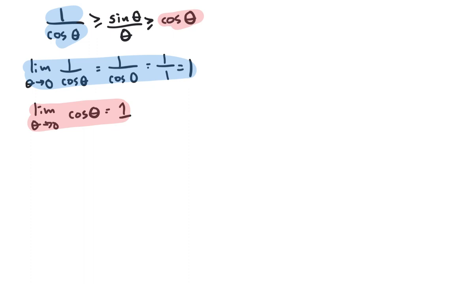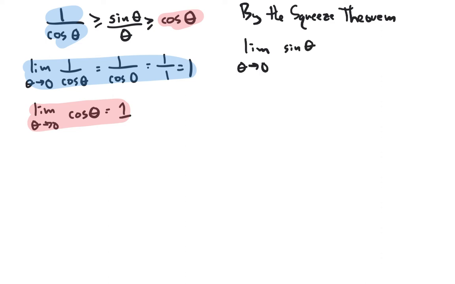So the limits of our squeezing functions are the same, so that means that the function it's squeezing must have the same limit as well. So we can say, by the squeeze theorem, we have that the limit as theta approaches 0 of sine of theta over theta equals 1.